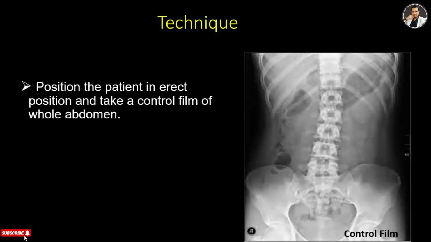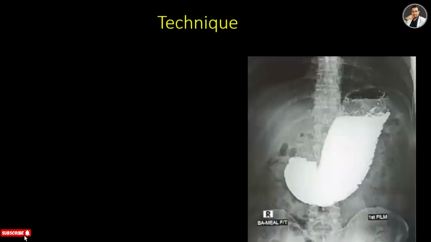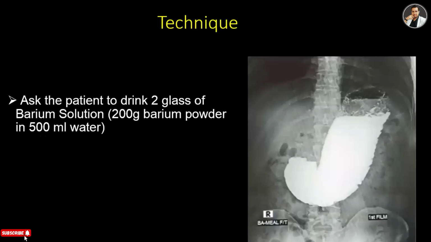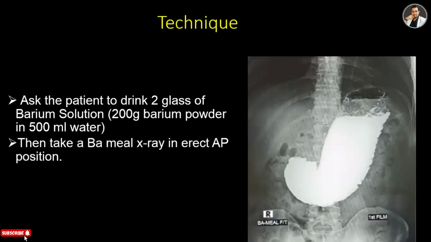If the control film is okay, then go to the next procedure, and ask the patient to drink 2 glasses of barium solution, which will be 500 milliliter solution and 200 gram barium powder, and then take a barium meal X-ray in erect AP position.